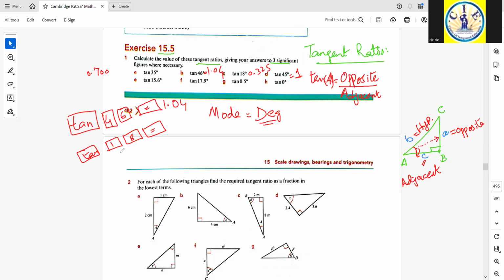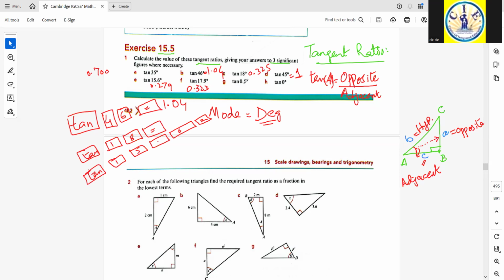Tangent 15.6, we would write it like this: tangent 1, 5, then dot, then 6, and then equals to. This will give us 0.279. Then similarly, tangent 17.9 will yield 0.323.